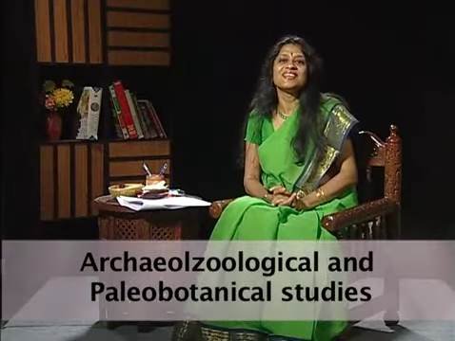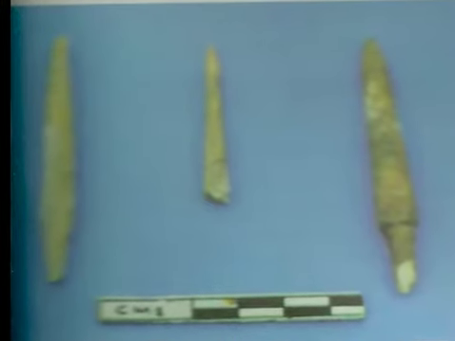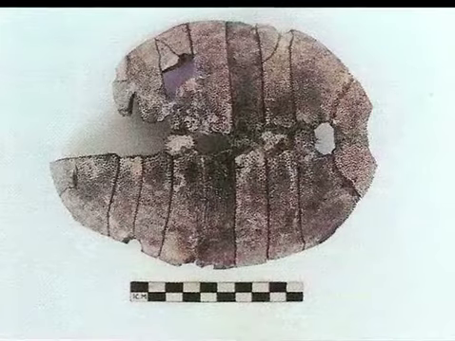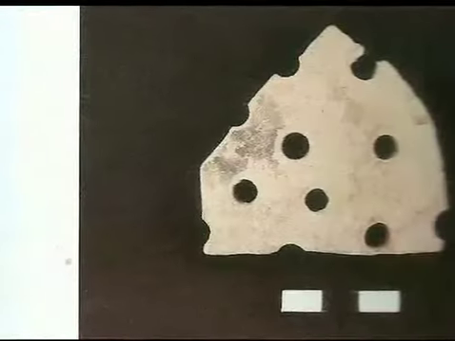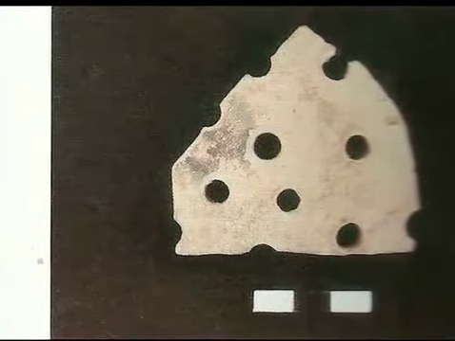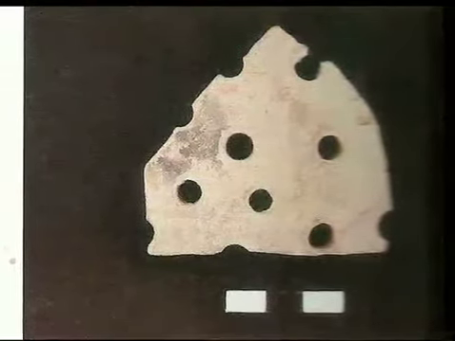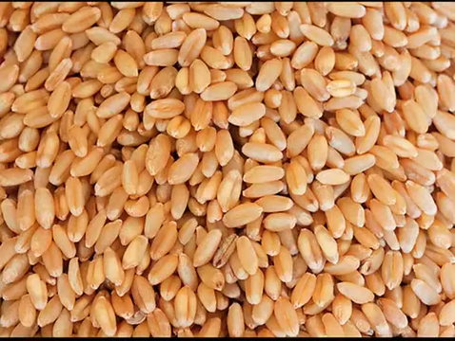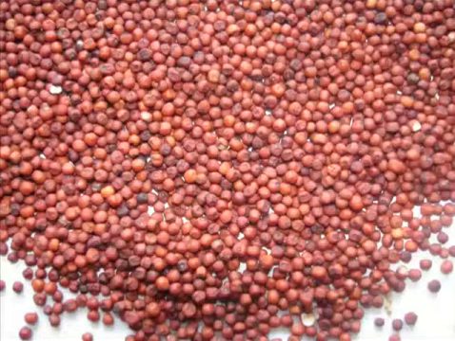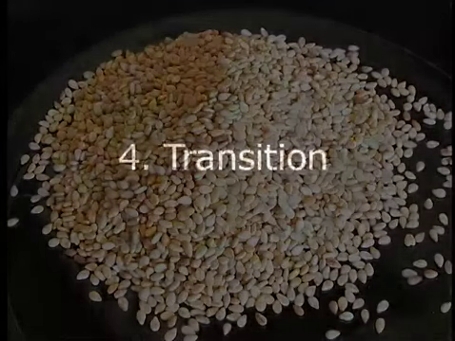Apart from these, some interesting artifacts which have come from the sites are these tanged bone arrowheads, then shell pendants, earthen discs with central perforations, and a few crops which have been cultivated in these areas are rice and wheat, barley, millets, sesame.